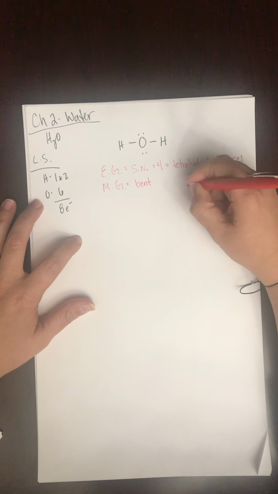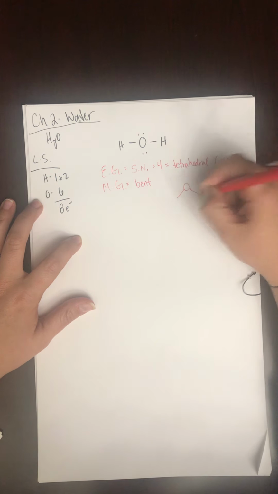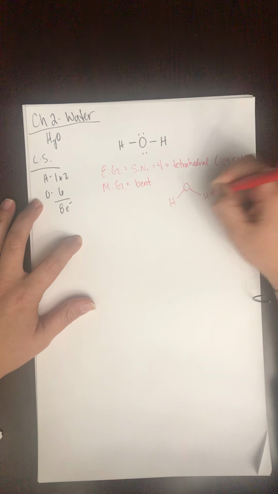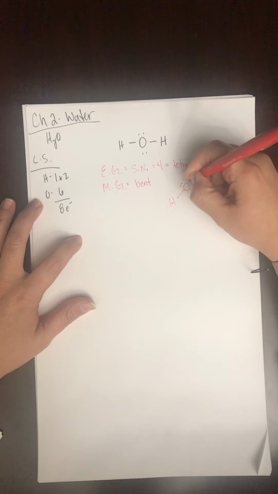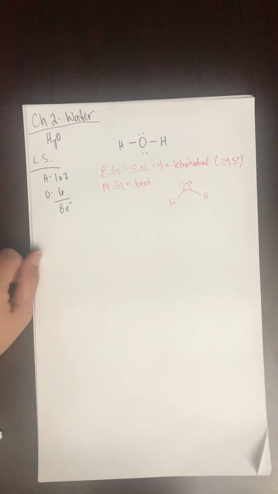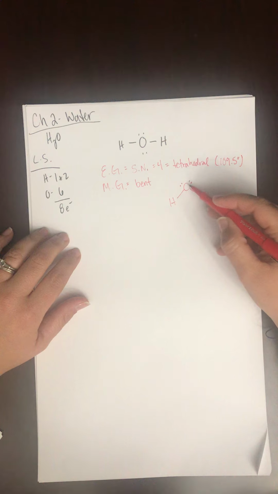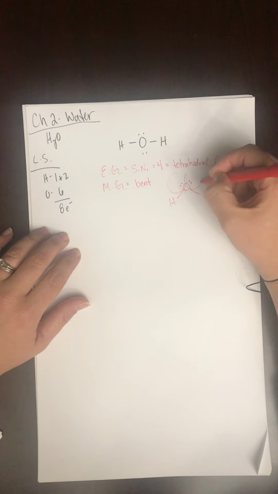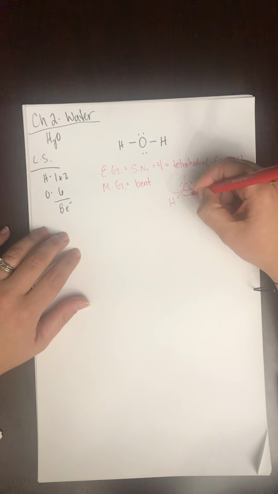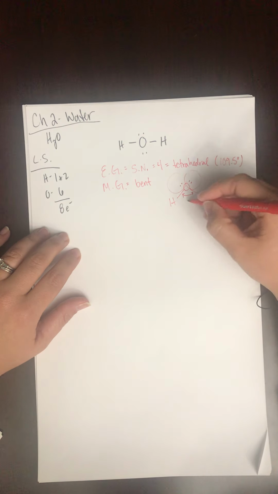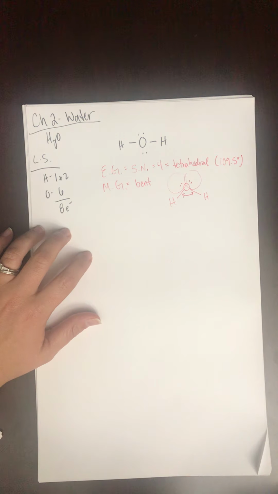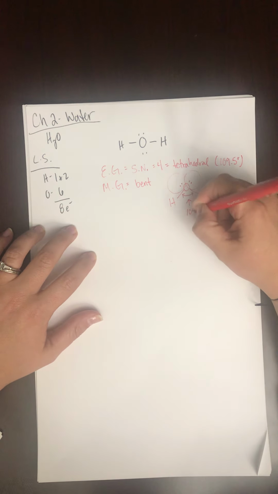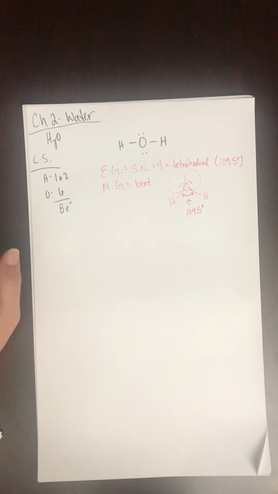If we were to draw it, remember this is in 3 dimensions, we would have lone pairs up here and hydrogens down here. Because these lone pairs up here take up more space sterically, it decreases this angle between these 2 hydrogens. So this angle actually ends up being about 104.5 degrees.